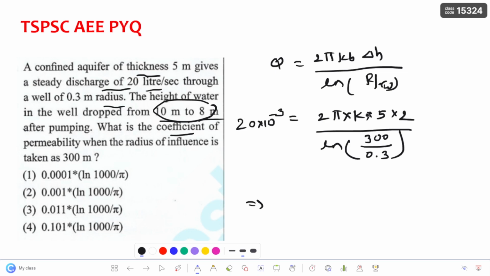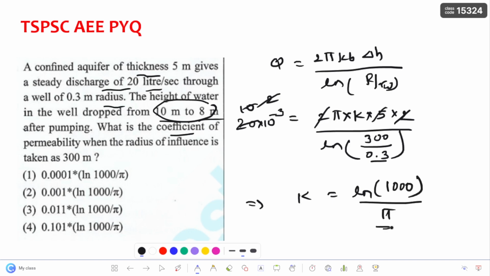Here you can cancel the 2s, and 5 and 10 also cancel. K is equal to, if you see this expression, 3 by 10, the 10 will come upward and the 3 will get cancelled, you will get ln 1000 by 5.